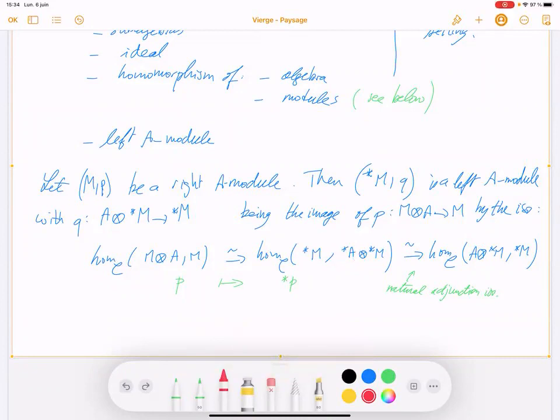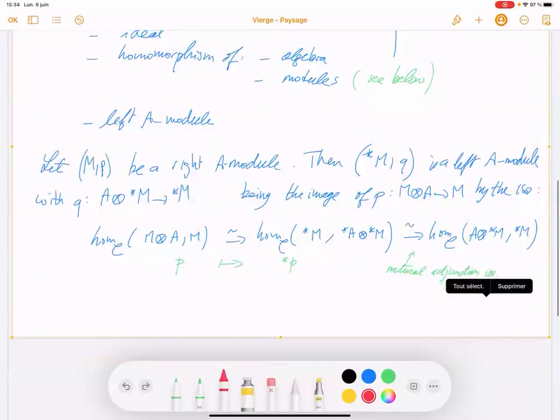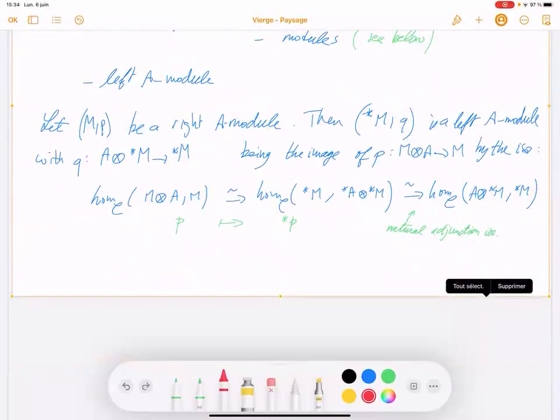Okay. And so for the image, you start from P, and you go there, and you go there, and what you get is the definition of Q.